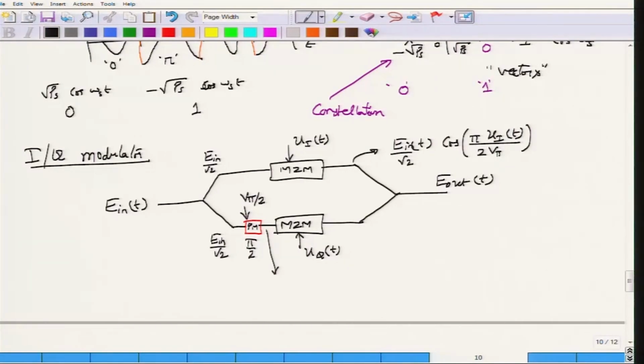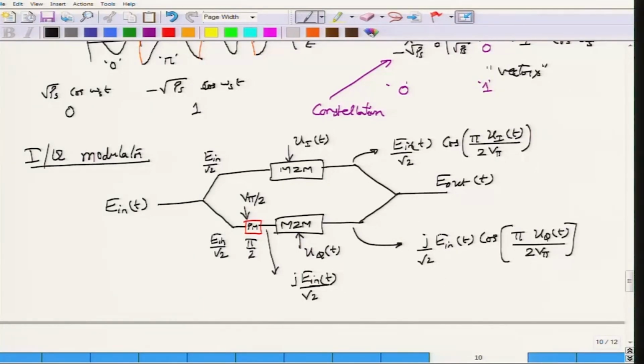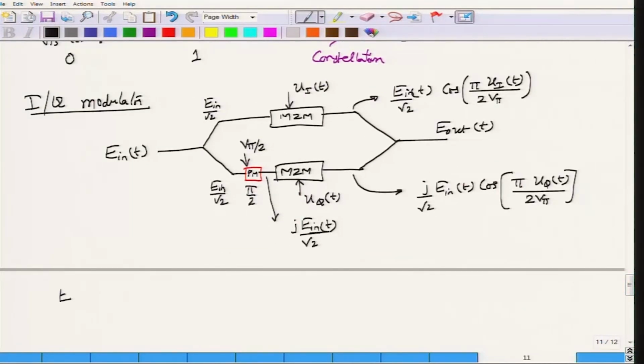What would be the electric field here? The electric field here will be j times E_in by root 2. Why should there be a j? This indicates a 90 degree phase shift. So, this is j E_in of t by root 2. The electric field here will be j by root 2 E_in of t cos of pi U_Q of t divided by 2 V_pi. So, the sum of these two after multiplying by root 2 will be the electric field output E_out of t.